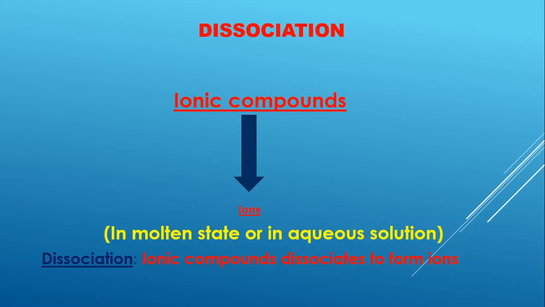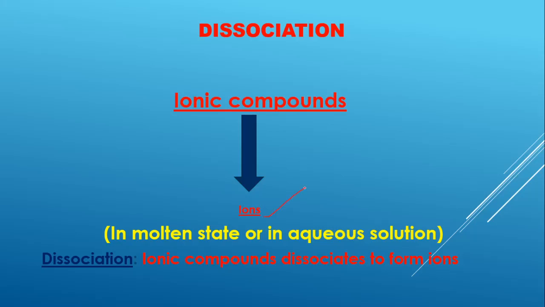So in short, dissociation is a type of reaction which brings about a physical change in a compound by forming the ions of positively charged cations and negatively charged anions. So, in this way, the compounds form ions.